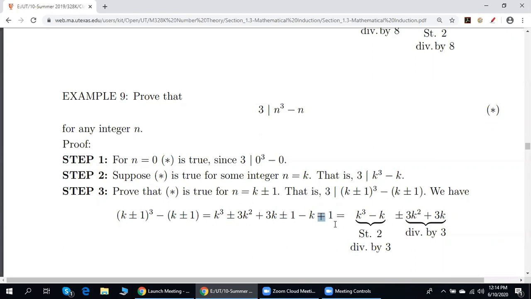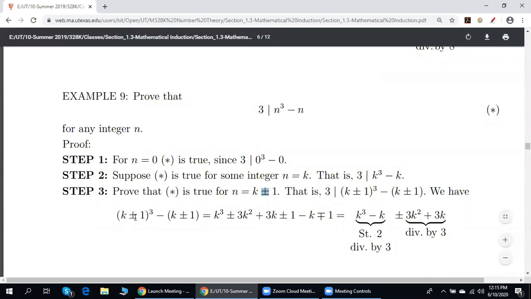Agree? Oh, so because when we expand parentheses, this plus becomes minus. Now, in the second case, suppose that we want to prove this for any integer n lesser or equal to 0. Then, instead of plus minus, we will have minus. But if here minus and here minus, this is minus, but this is plus.